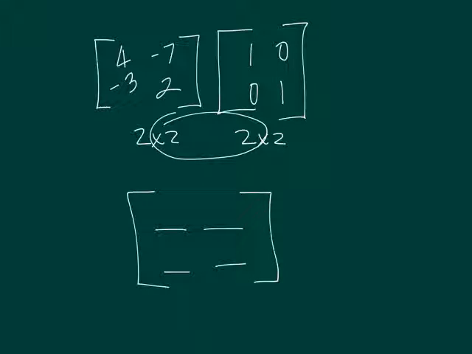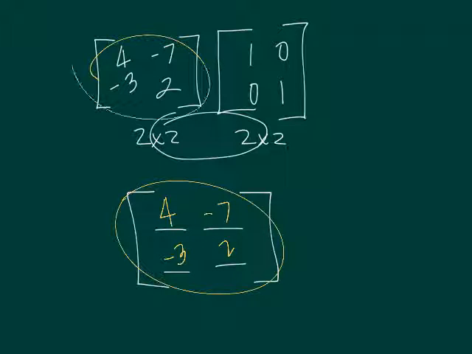Okay, and so remember, we want to put a number here, so we're going to take the first row times the first column. So 4 times 1 is 4. Negative 7 times 0 is 0. So 4 plus 0 is going to give me a 4 here. And I keep going, and I'll end up with these numbers back, which shows that it's my identity matrix.